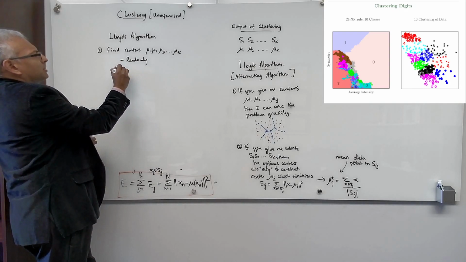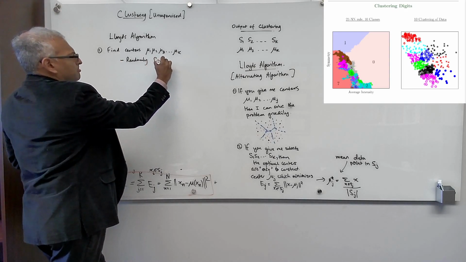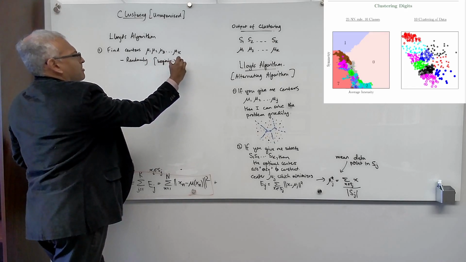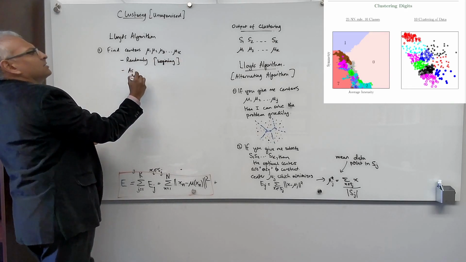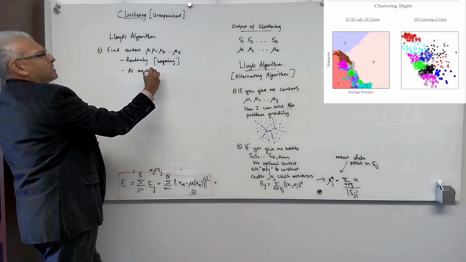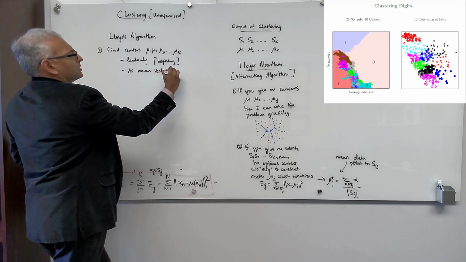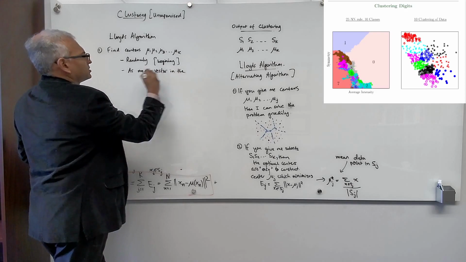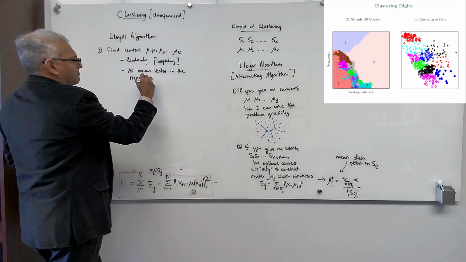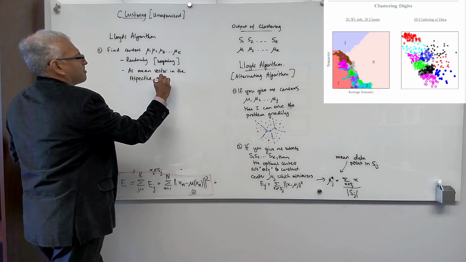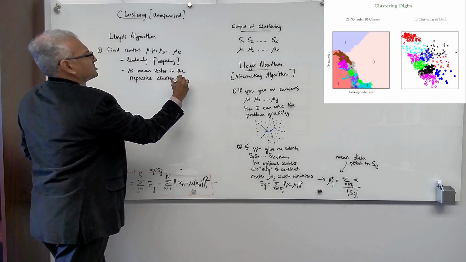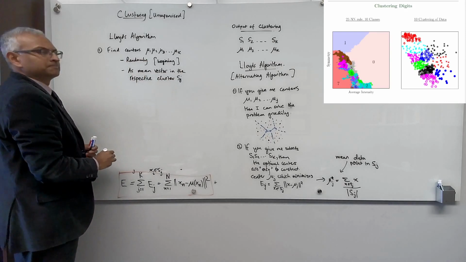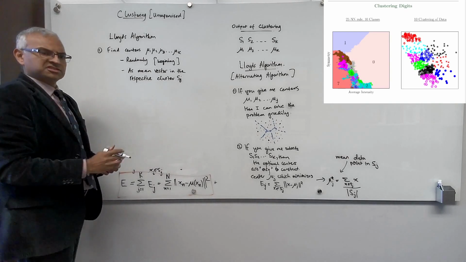Either randomly for the beginning, or as the mean vector in the respective cluster Sj. So that's the first step.